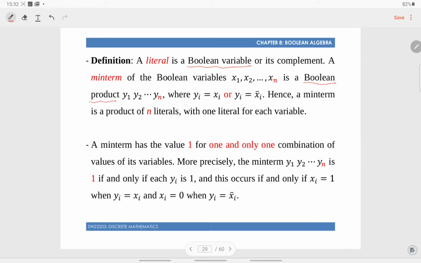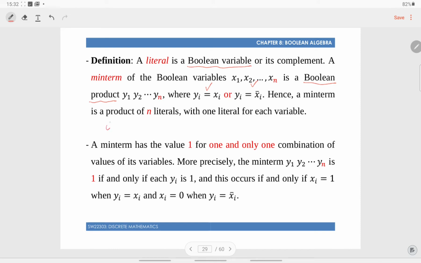A literal is a Boolean variable or its complement. A minterm is the Boolean product y1 times y2 times up to times yn, where yi equal to xi or yi equal to x complement.